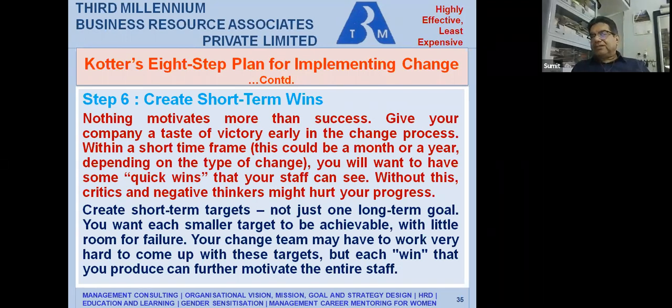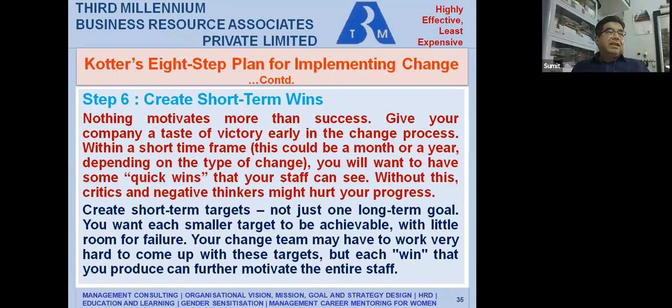So you should plan your process in such a way that some of your activities should lead to some positive results quickly, because that motivates them to go on further. They get a feeling automatically that we are on the right track, we are succeeding.